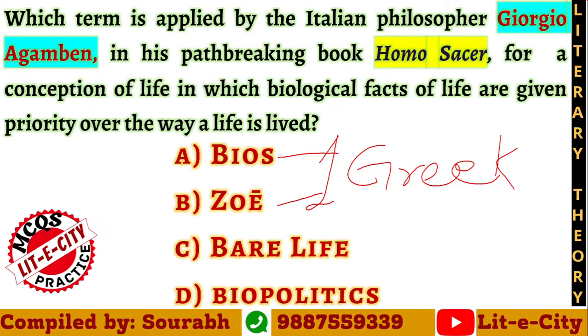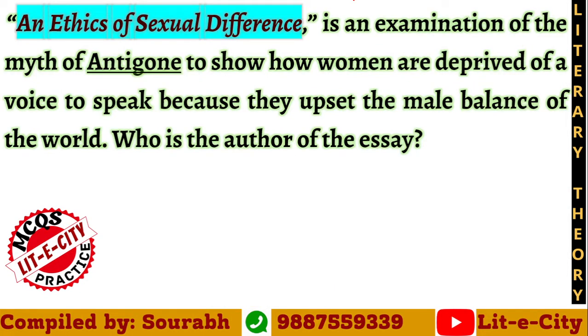According to these Greek philosophers, life can be divided into two main parts: bios, which is about our biological life, and zoe, which is about our quality of life. According to Agamben, in the capitalist society, the whole concern is about bios, and there is nobody who can question about zoe.